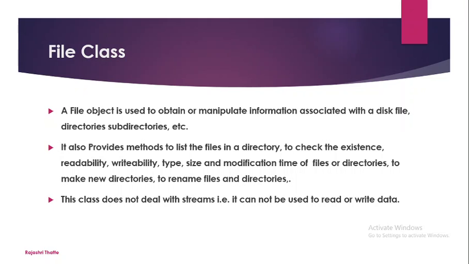Once the file is created, a number of times we modify its contents. If we want to check the last modification time of the file we refer to, that can also be checked by using one of the methods of the File class. We can check the last modification time of files as well as of directories.